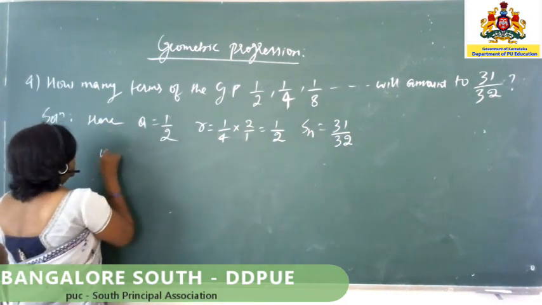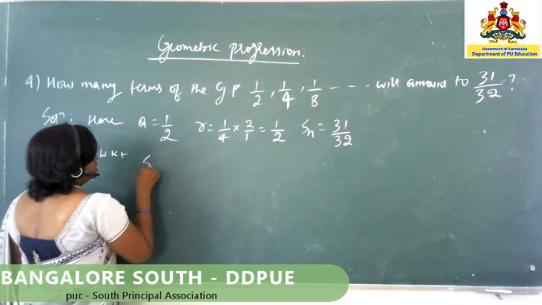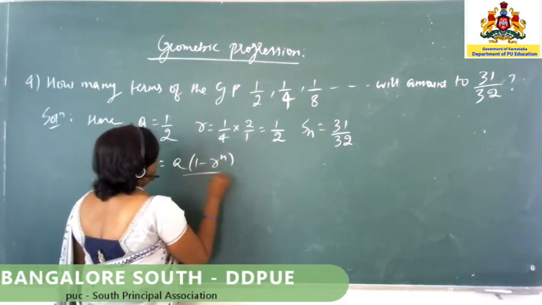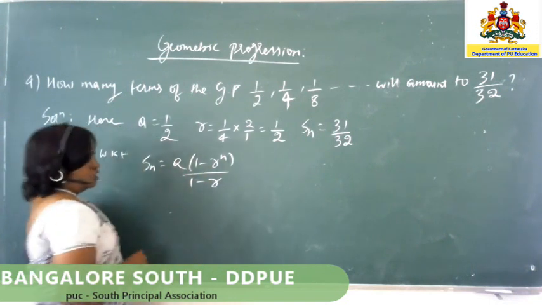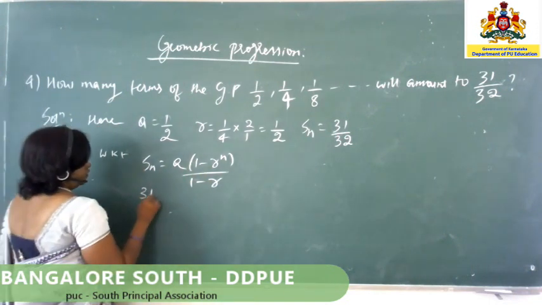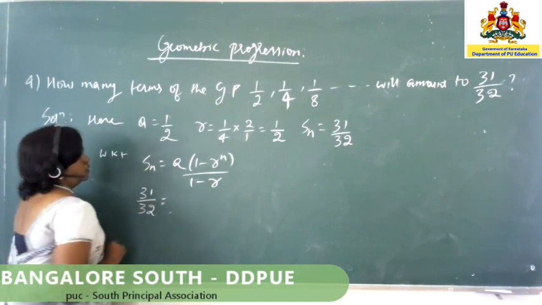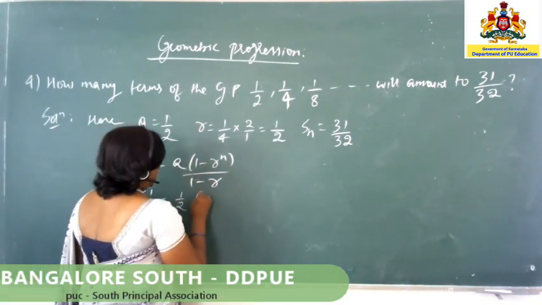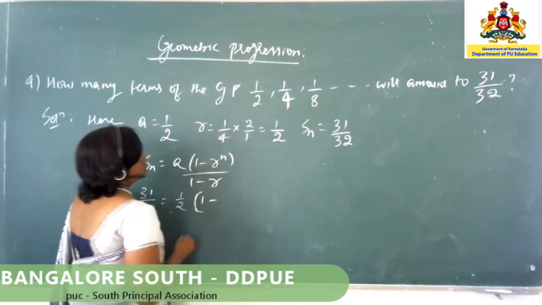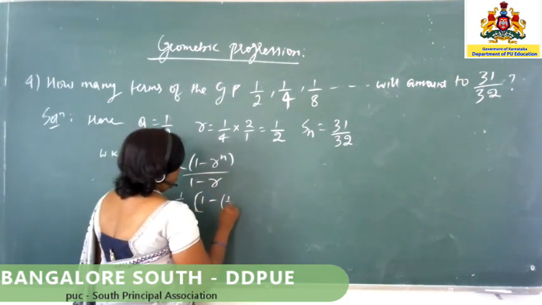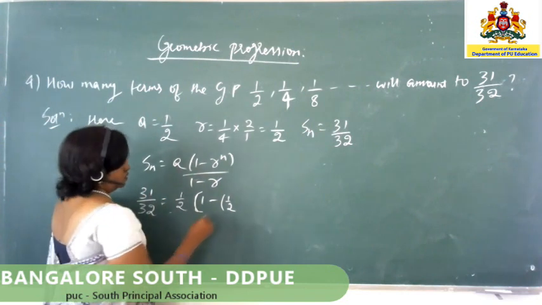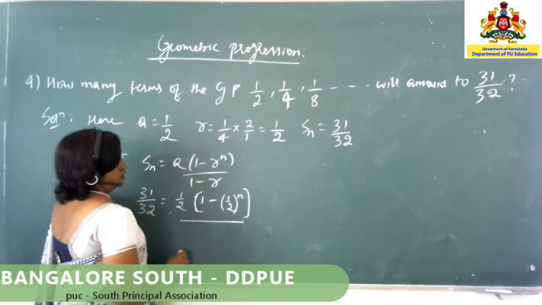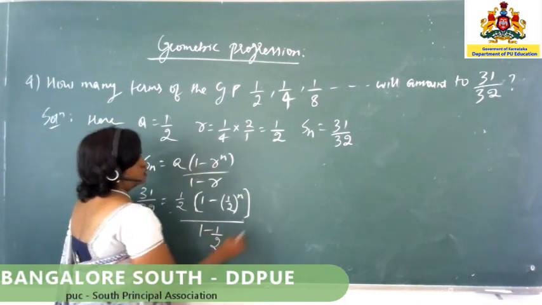So we know that Sn is equal to A into 1 minus R to the power of n by 1 minus R. So 31 by 32 is equal to A is 1 by 2 into 1 minus R, that is 1 by 2 to the power of n, divided by 1 minus 1 by 2.